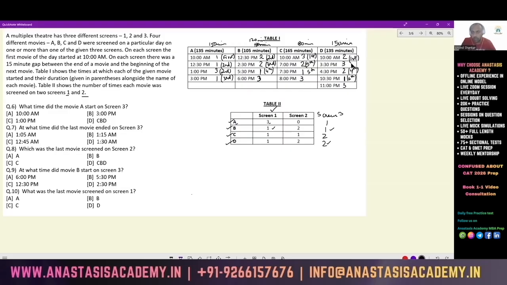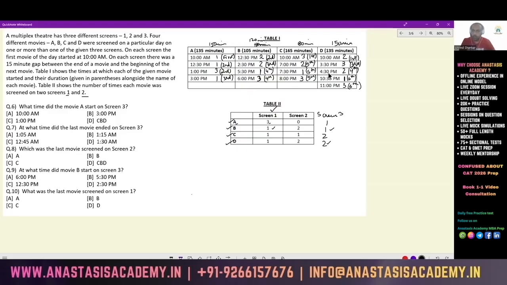This will be the third movie on screen 3. 3:30 to 6. So this will be the fourth movie on screen 3. This will be the fifth movie on screen 3. And finally, this will be the sixth movie on screen 3.